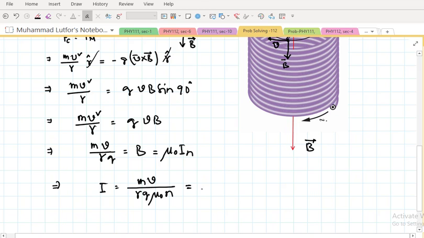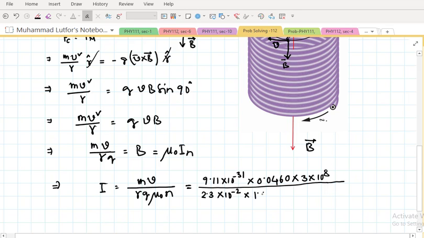Now I'm going to plug in the values of these parameters. Mass of the electron is 9.11 into 10 to the minus 31 kg. Speed of the electron is 0.4046 into c. c is 3 into 10 to the power 8 meter per second, that is the speed of light. r is 2.3 centimeter, which I convert to meter, 2.3 into 10 to the minus 2.